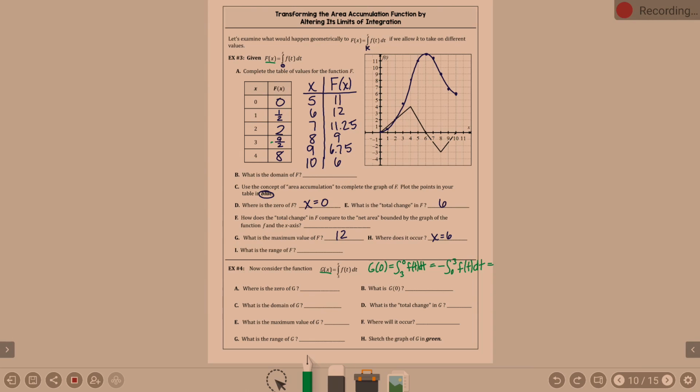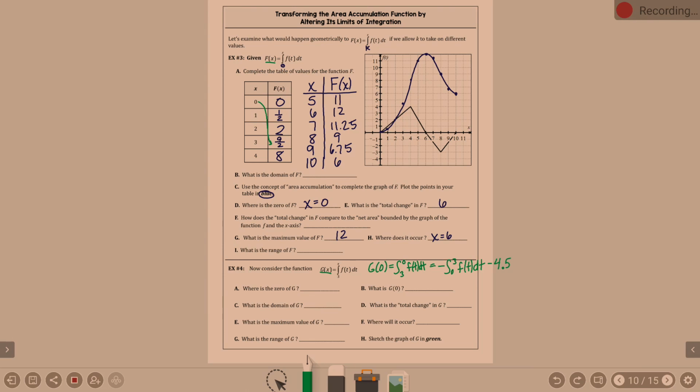I wrote it as 9/2, but 4.5. So the integral from 3 to 0 is negative 4.5. So 0 matches up with 4.5, but it's going to be negative 4.5.